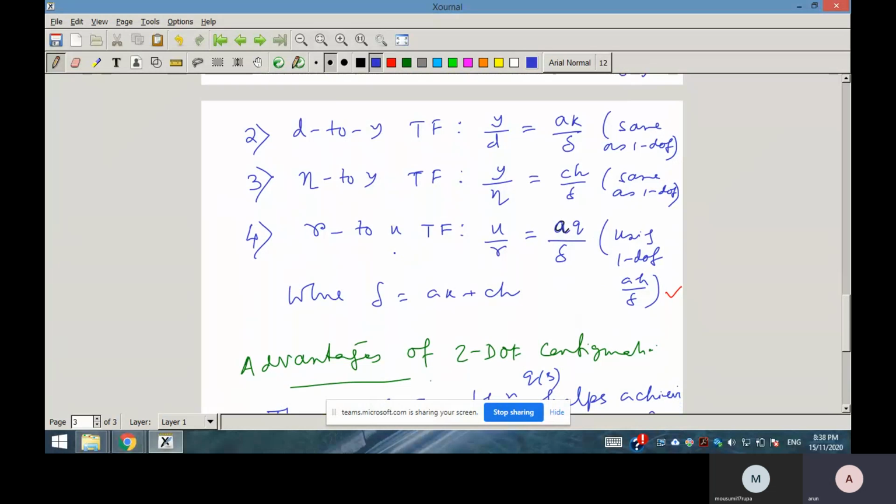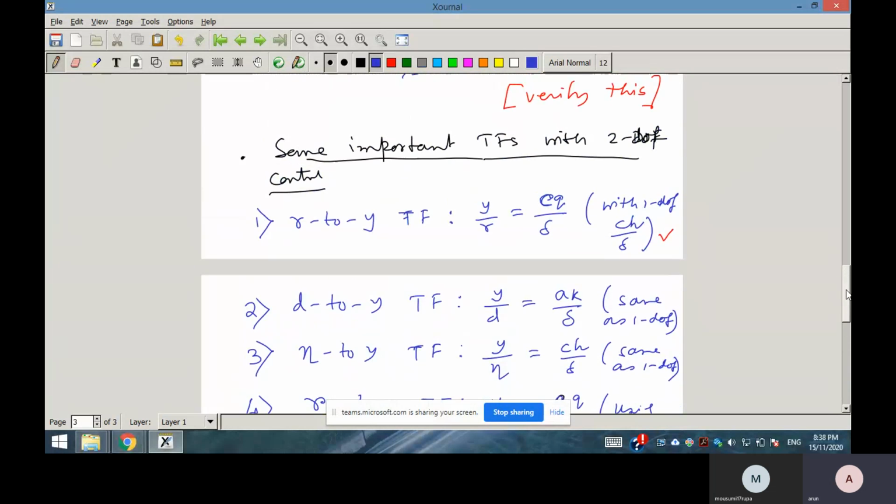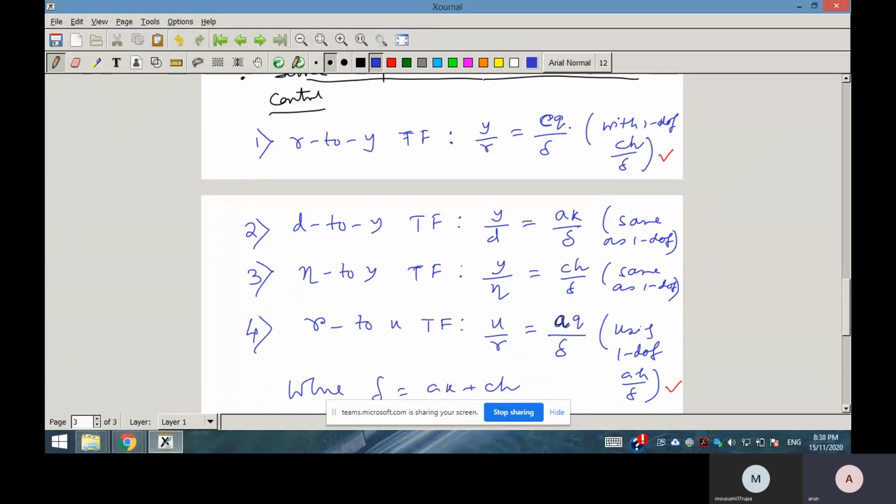So now, because Q is in our hand, Q is an additional parameter, I can choose Q on my own so as to have some independency in shaping R2Y characteristics and R2U characteristics. Got it?